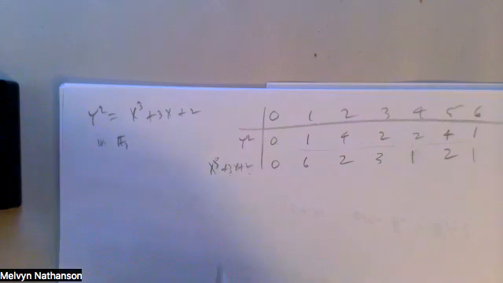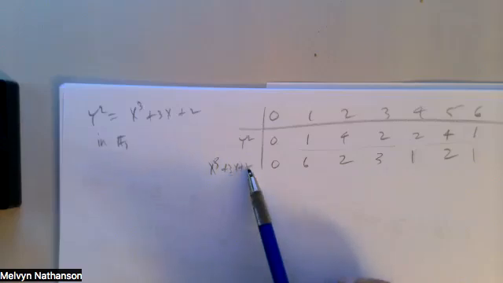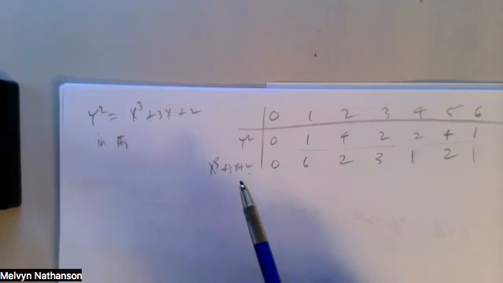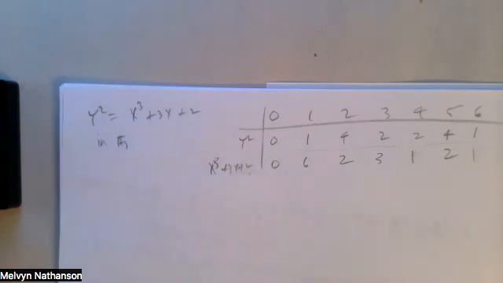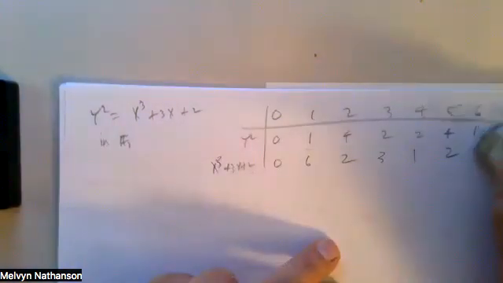Okay, let me just check that. 216, 18 plus 2 is 20. That's 236. 236 mod 7 is 5, I believe.